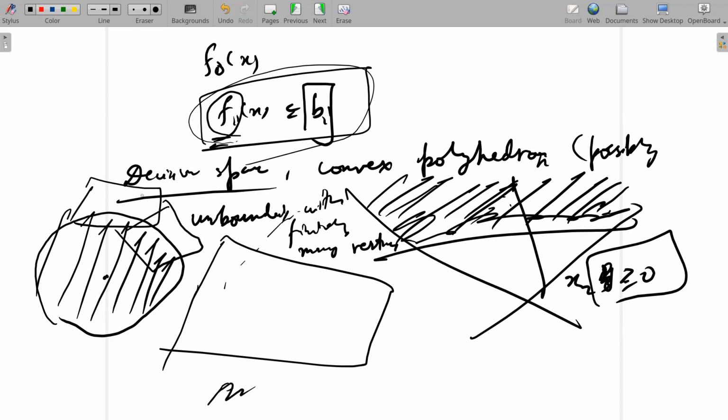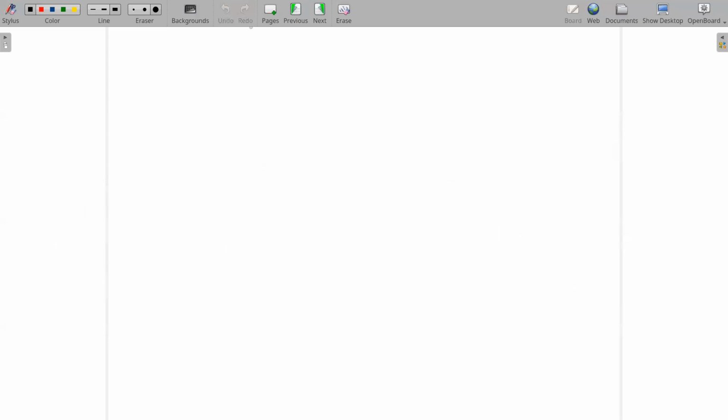Here we care about finitely many. So that's the difference. That's why I should say the decision space is a convex polyhedron generated by finitely many vertices. Okay, and the objective function is some linear function, linear in x1, x2. All right, so that is the linear problem. Now, the more general class is what is a convex optimization problem.